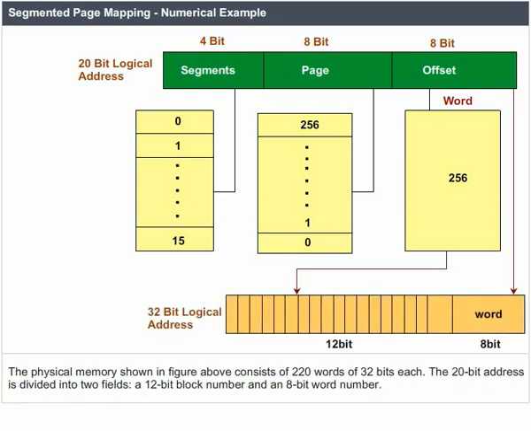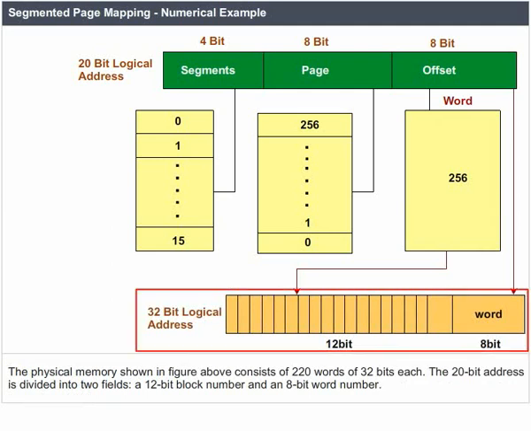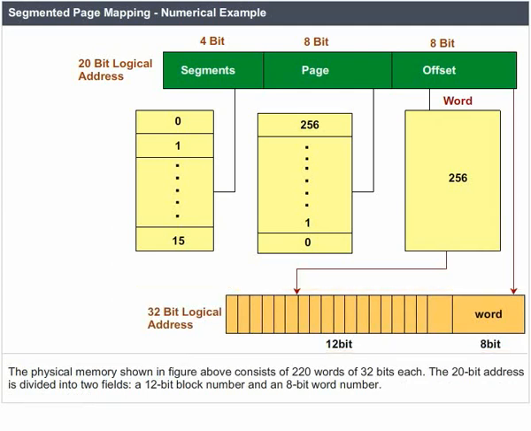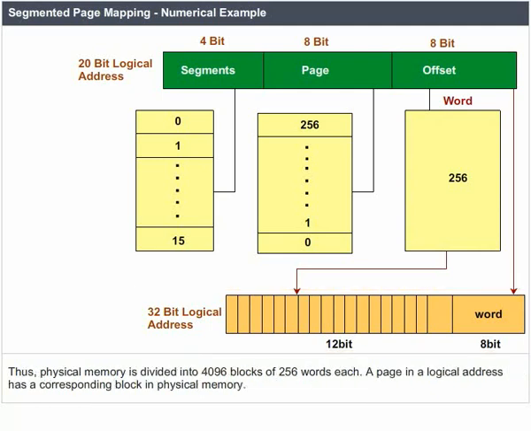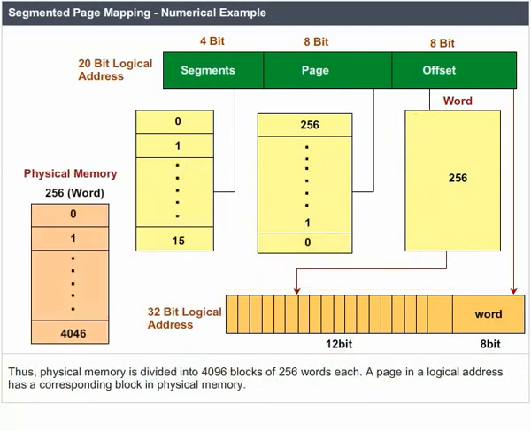The physical memory shown in the figure consists of 2^20 words of 32 bits each. The 20-bit address is divided into 2 fields, a 12-bit block number and an 8-bit word number. Thus, physical memory is divided into 4096 blocks of 256 words each. A page in a logical address has a corresponding block in physical memory.